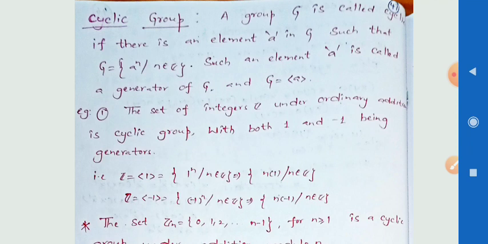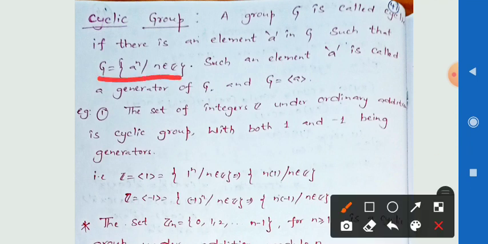If any element in the group G satisfies this condition, G is equal to A power n such that n belongs to Z, it means A must generate the elements of the group G. Then we can say that G is a cyclic group.